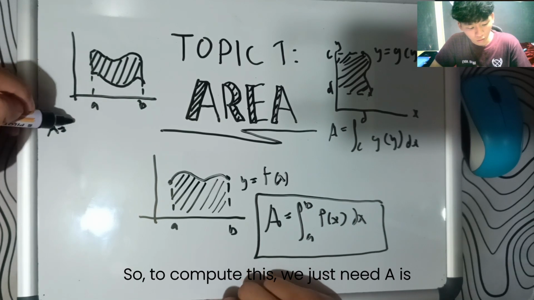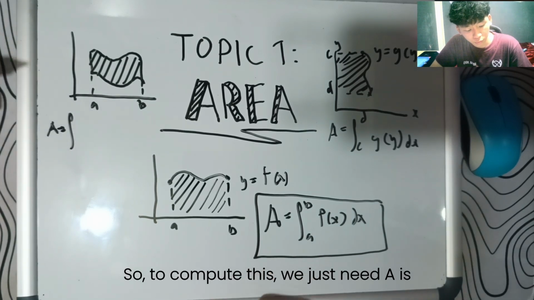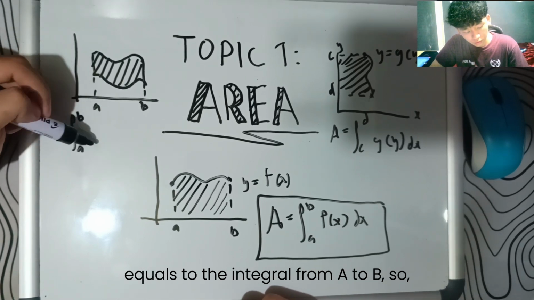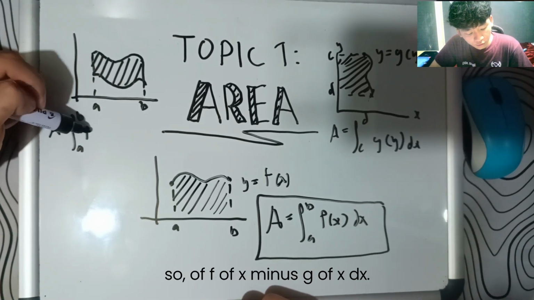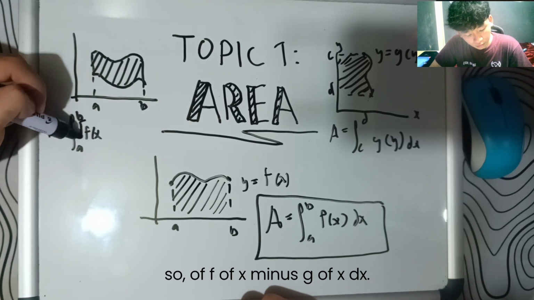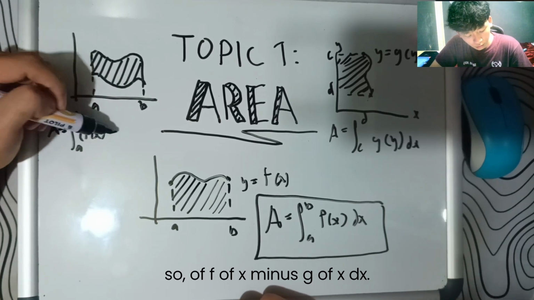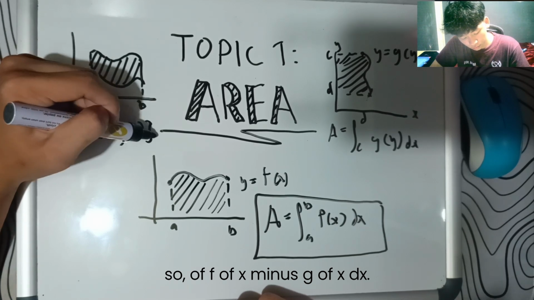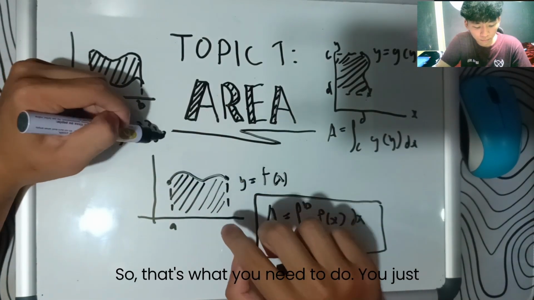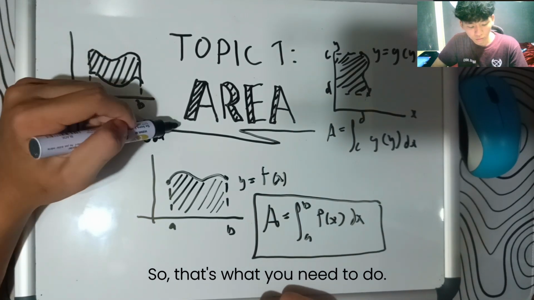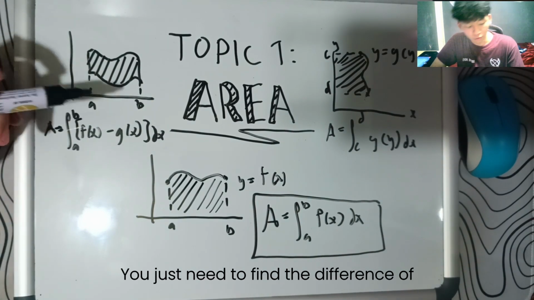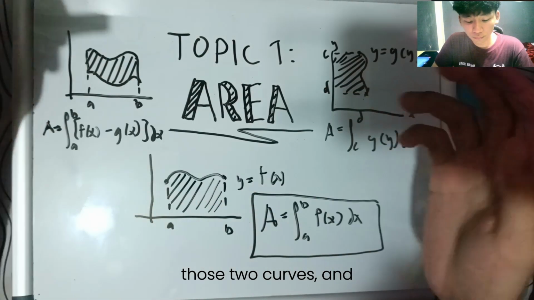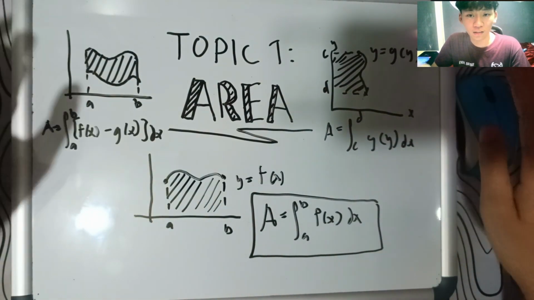To compute this, A equals the integral from a to b of f of x minus g of x dx. So that's what you need to do. You just need to find the difference of those two curves, and then you can find the area.